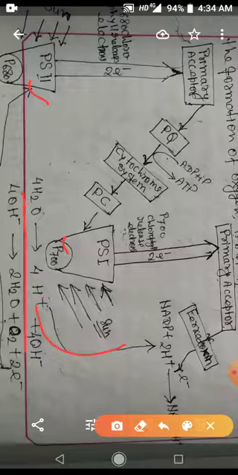Nicotinamide adenine dinucleotide phosphate combines with hydrogen ions and electrons, then forms NADPH2. Hydroxyl ions recombine and form water, oxygen and electrons. Those electrons are coming to the photosystem.